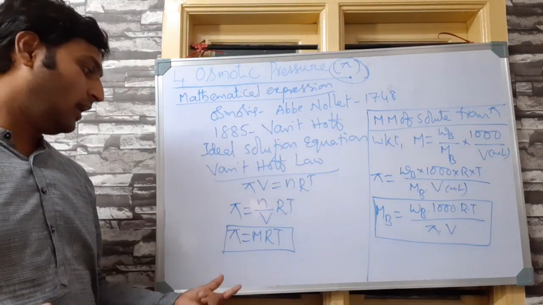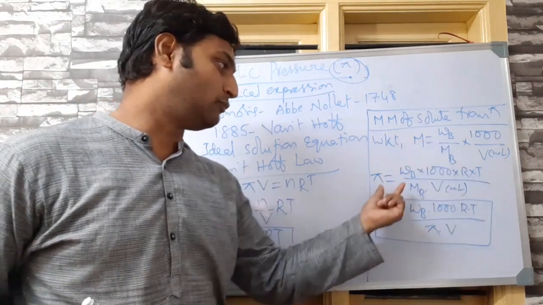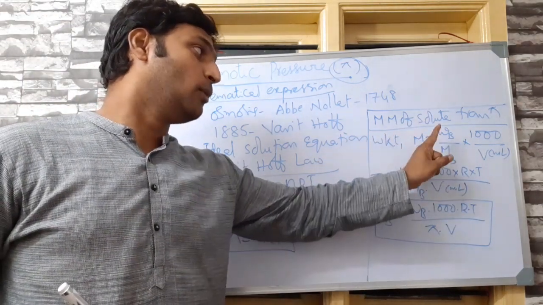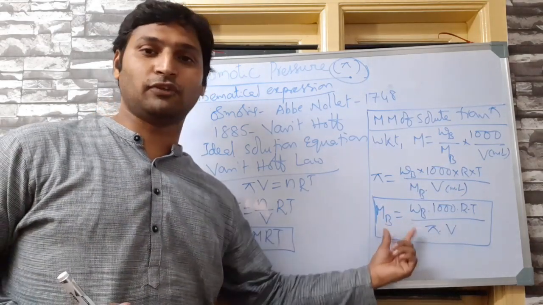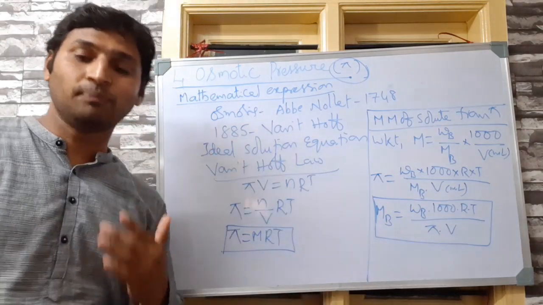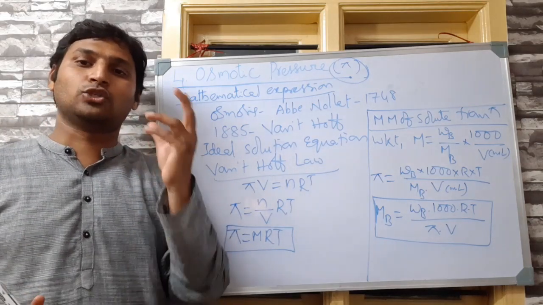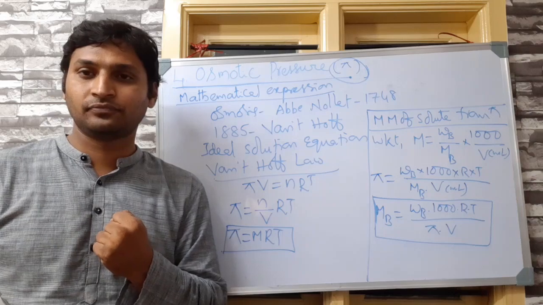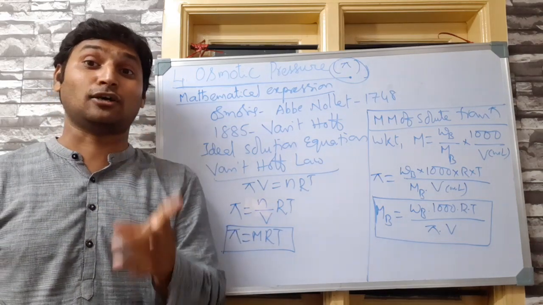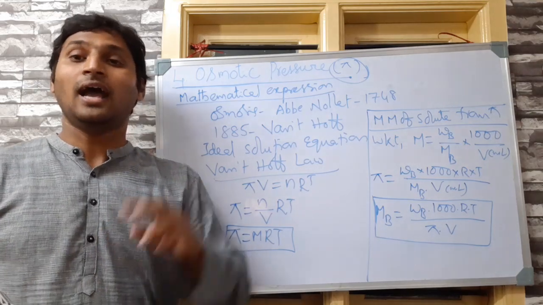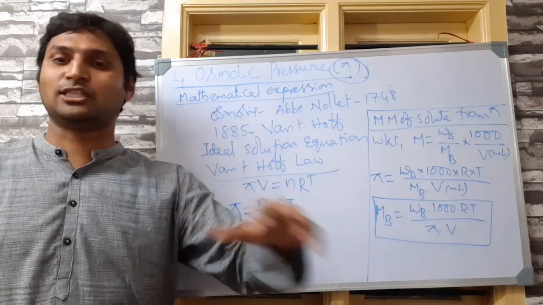from Van 't Hoff law, pi is equal to CRT, and by substituting the expression for molarity in terms of weight of solute and molar mass of solute, we arrive at the expression for molar mass of solute. Now, when an unknown solute comes into the laboratory, they prepare dilute solution of that unknown non-volatile solid solute and experimentally determine the osmotic pressure of that solution.